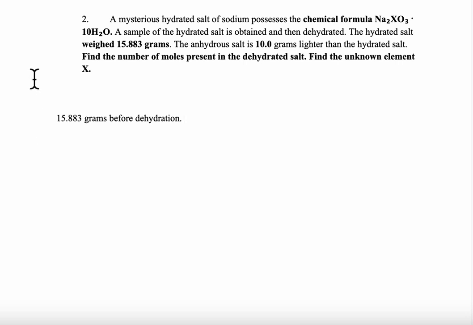But here we're already given that the anhydrous salt weighs 10 grams less than the hydrated salt.